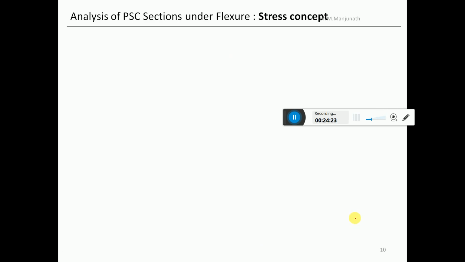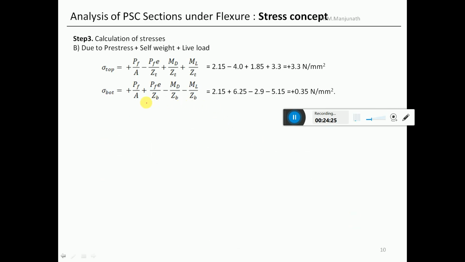Similarly, we can calculate the stresses due to pre-stress, self-weight and live load. So now the stresses due to live load are to be included here, and this gives us the values at the top fiber as 3.3 Newton per mm square and at the bottom fiber as 0.35 Newton per mm square.